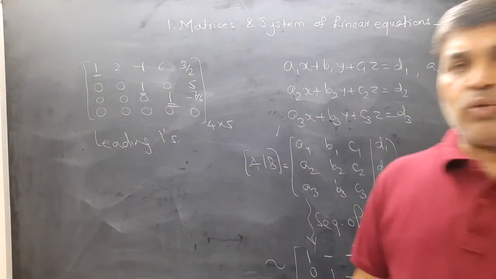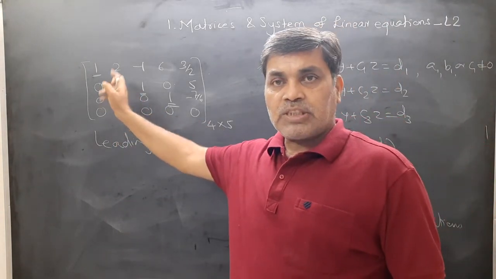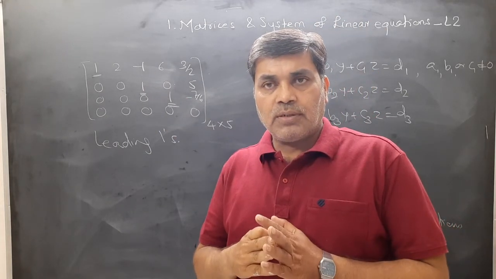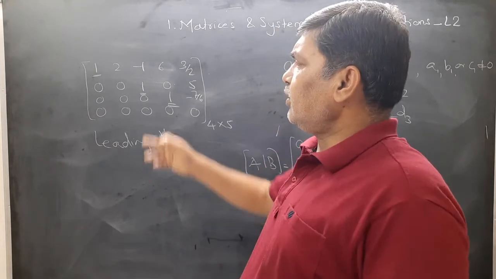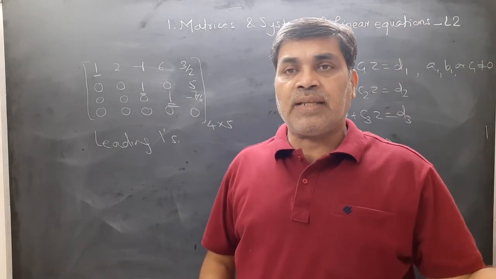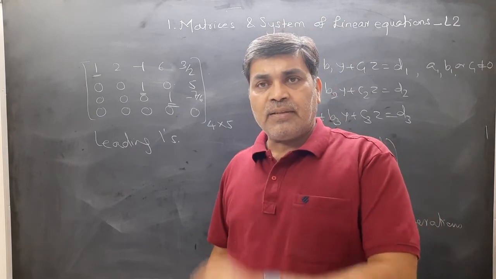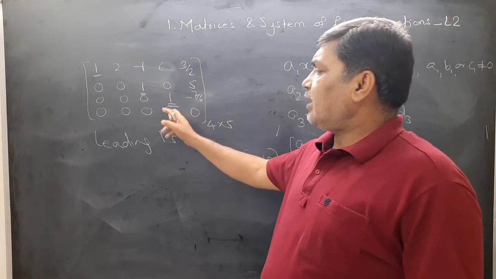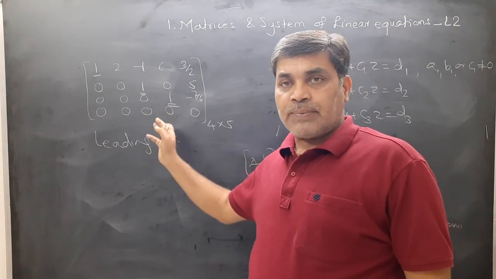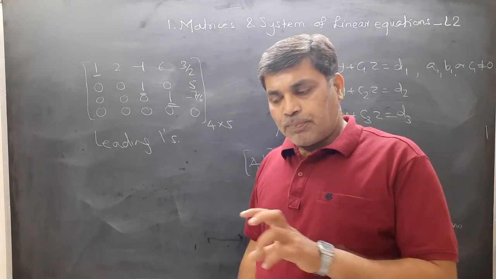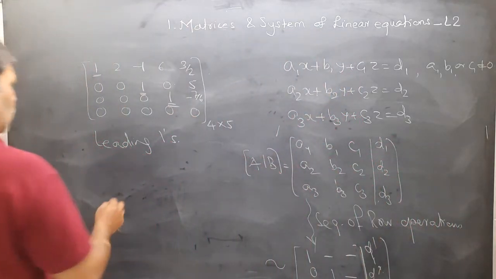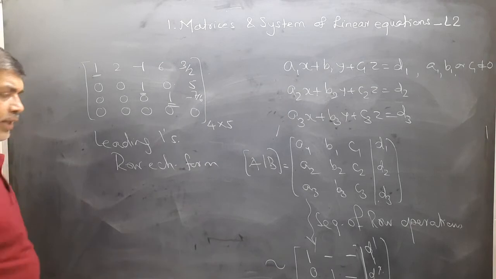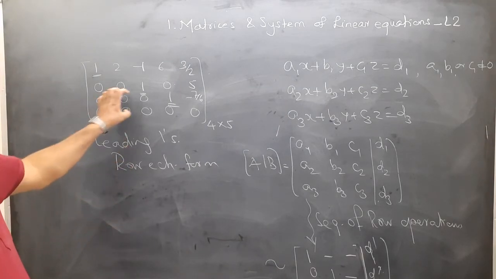In any non-zero row, the first non-zero entry must be 1, and if I compare two non-zero rows, then the leading 1 appearing in the upper row must be at a left position compared to the leading 1 appearing in the row below. And if the matrix has zero rows, then they must appear at the bottom. Such a matrix is known as row echelon form.